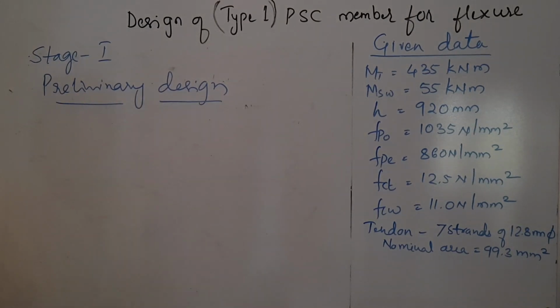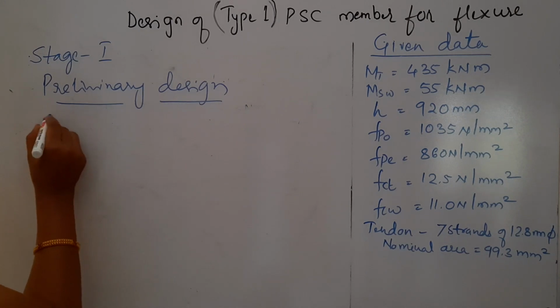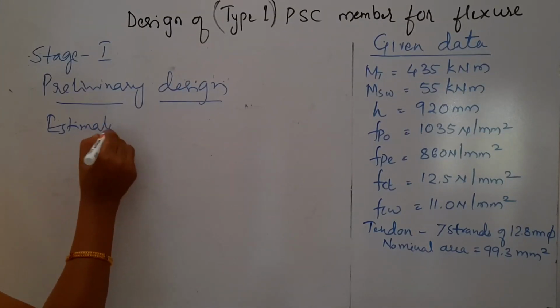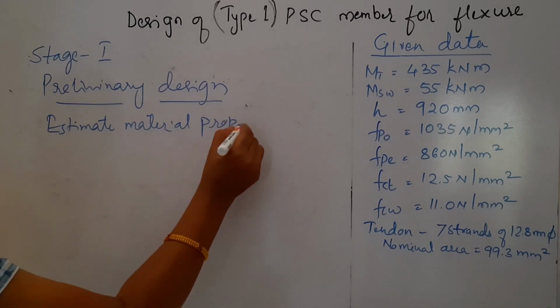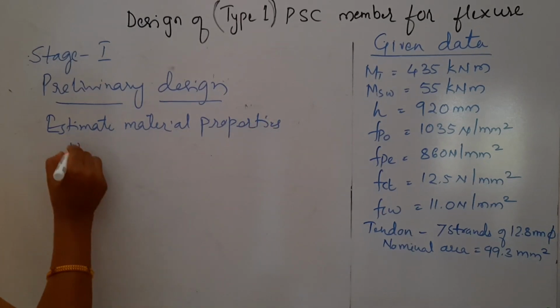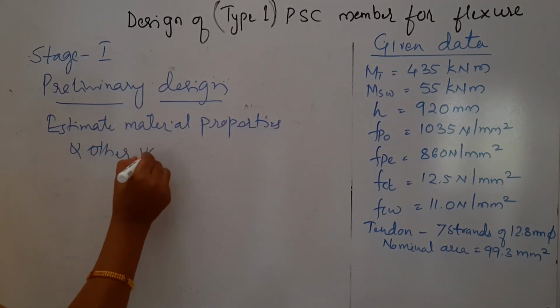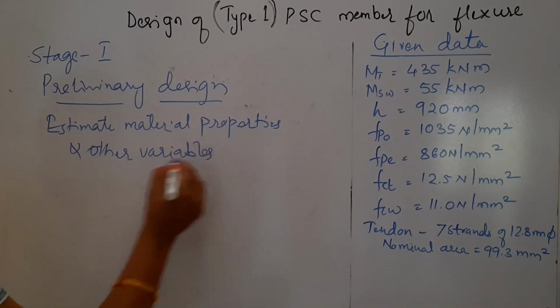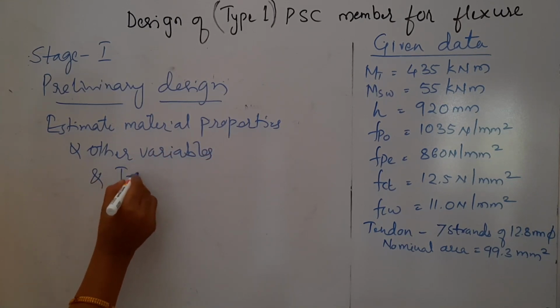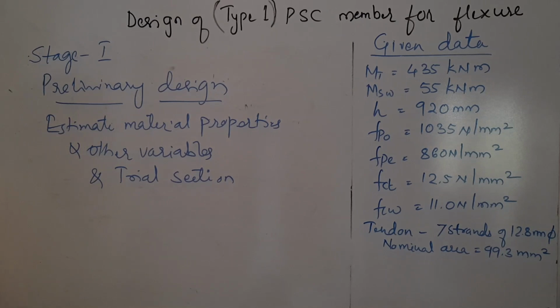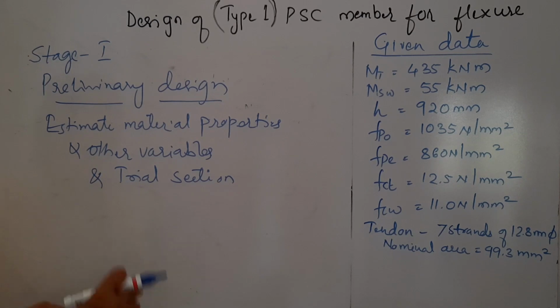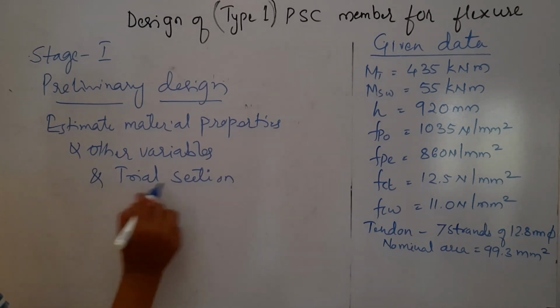Preliminary design means whatever values are given here we have to take, and then estimate the material properties and other variables required for the design, and also the trial section. We have to estimate the properties, the area of steel, and then the final pre-stressing force, the initial pre-stressing force, and the trial section, and check for the final design.